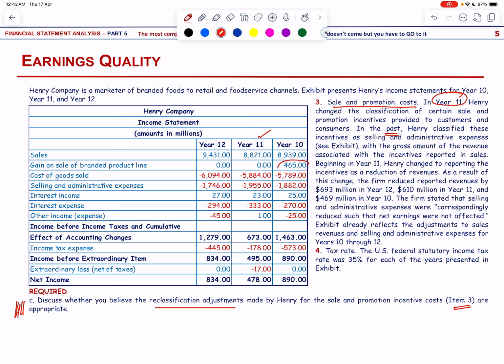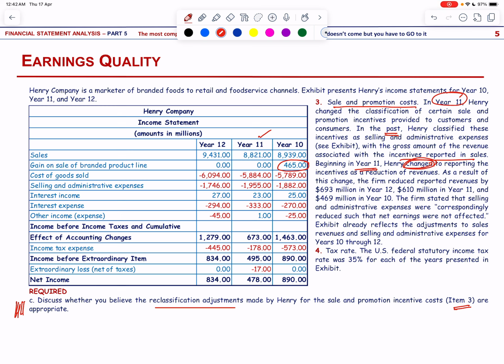With the gross amount of revenue associated with the incentives reported in sales, beginning in year number 11, Henry changed to reporting the incentives as a reduction of revenues.